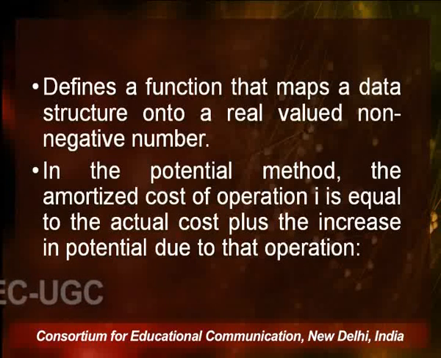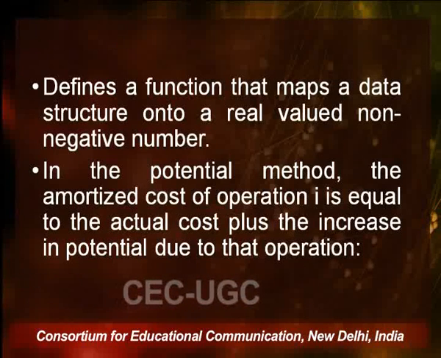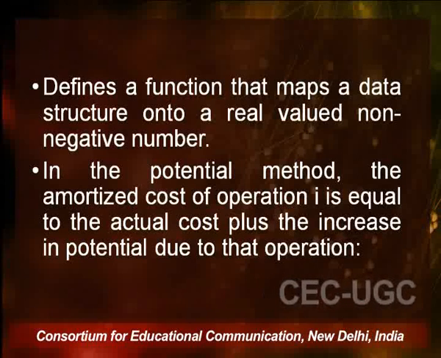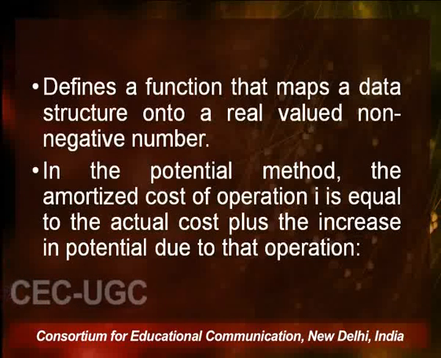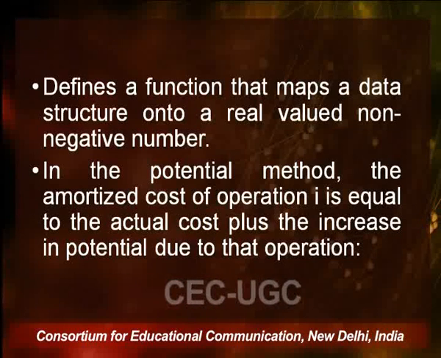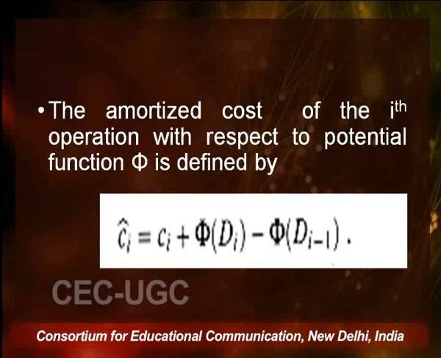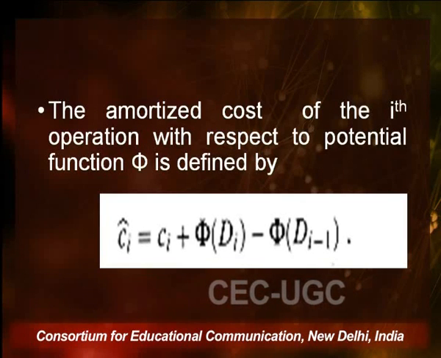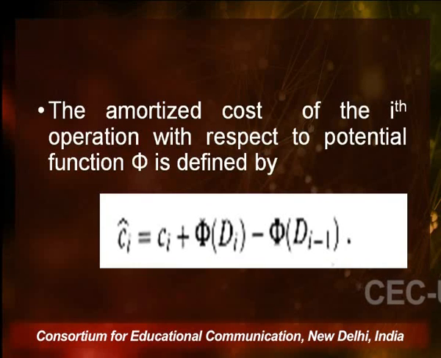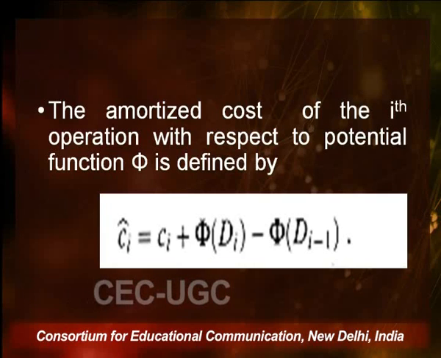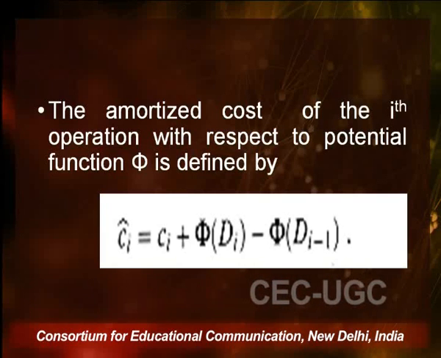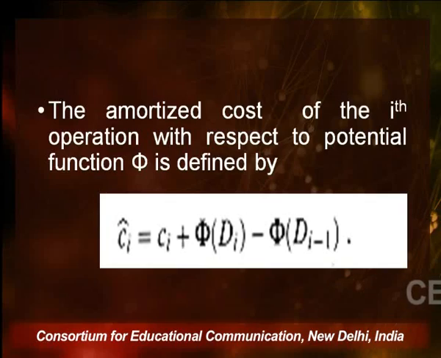The amortized cost of the ith operation is equal to the actual cost plus the increase in potential due to that operation. It is defined by Ci hat equals Ci plus phi of Di minus phi of Di minus 1. Now let us understand what this is.